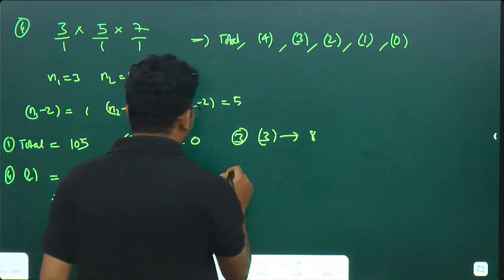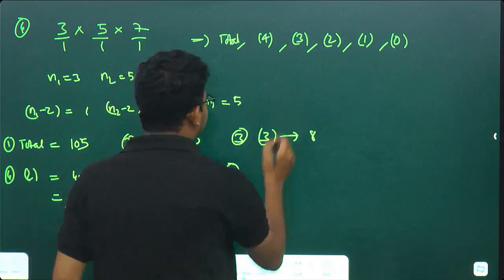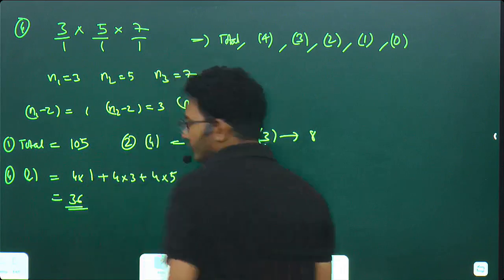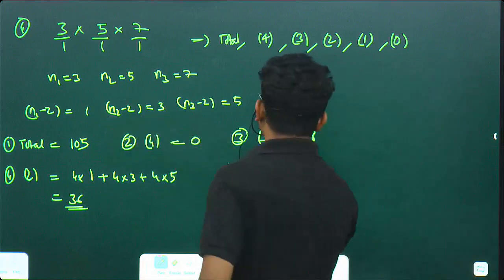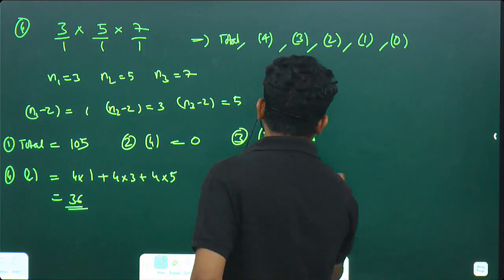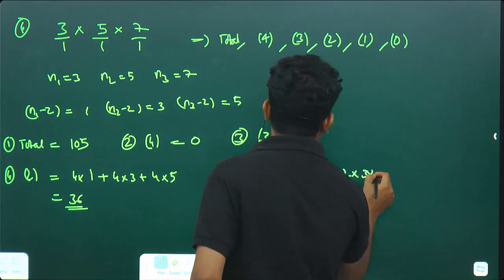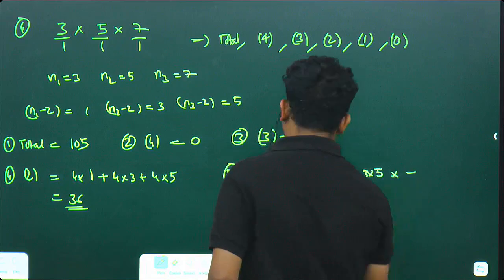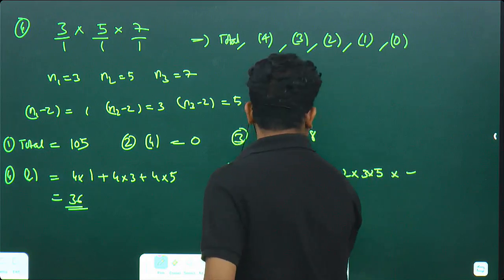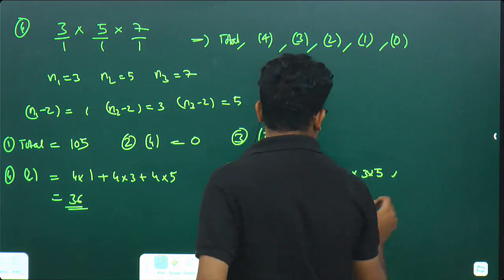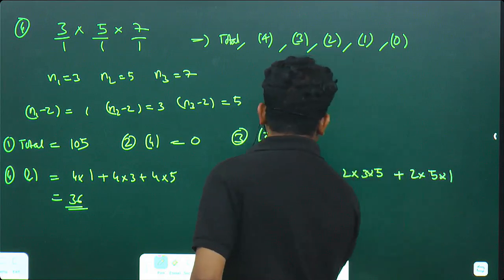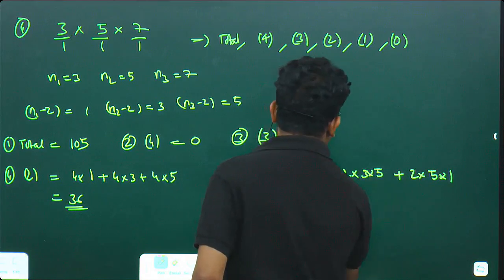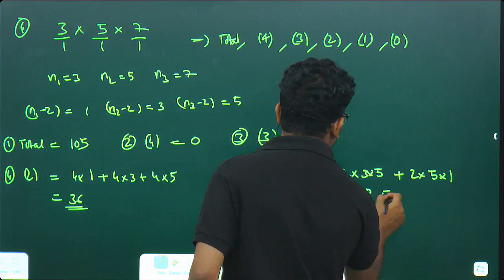Okay. Next, fifth one, one surface painted. Here the formula is 2 into 1 into 3, plus 2 into 3 into 5, plus 2 into 5 into 1, which is 6 plus 30 plus 10, which is 46.